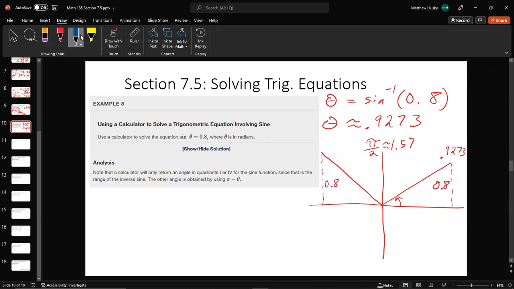And what we need to do, this angle is going to be also 0.93-ish. And what we need to find is that angle. If this is pi, it's going to be pi minus 0.9273.